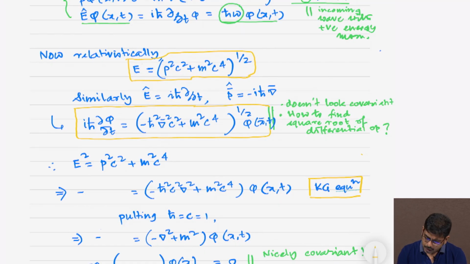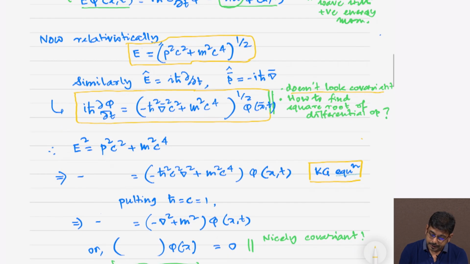So, I need to be able to see it in that way, so that we can say that this is Lorentz invariant. This equation does not actually change its form when you are transforming from one coordinate system to the other. So, it does not look covariant, and also we do not know how to find the square root of this differential operator. So, this is looking a bit awkward, right.